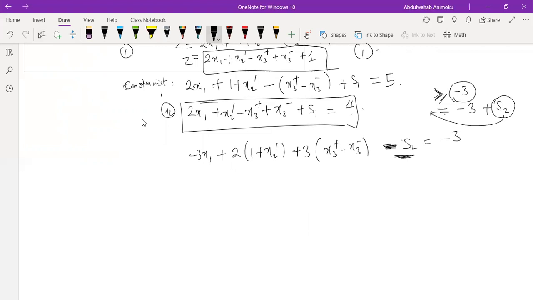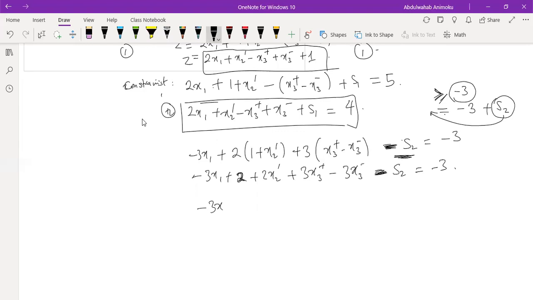Okay, so now we can just expand this. So 2 times 1 is 2, 2 times x2 prime, you have 2x2 prime, plus 3x3 minus 3x3, minus s2 equal to minus 3. Now we can just move this number to the other side.